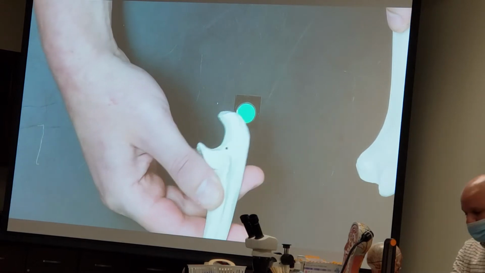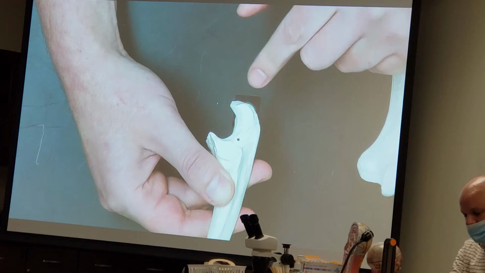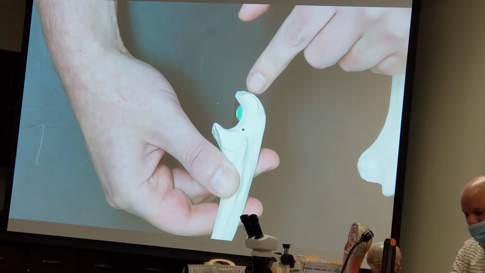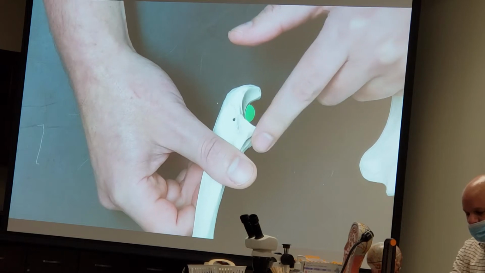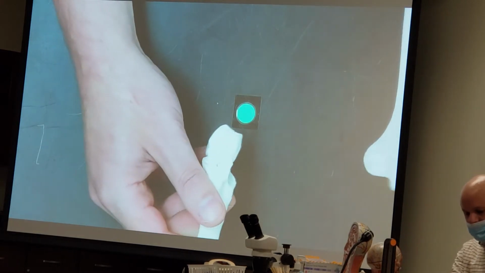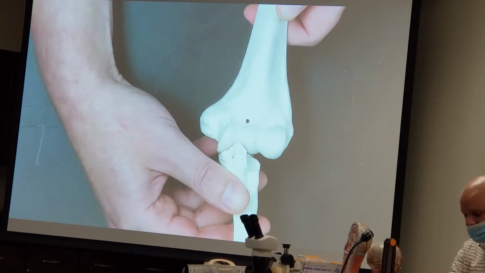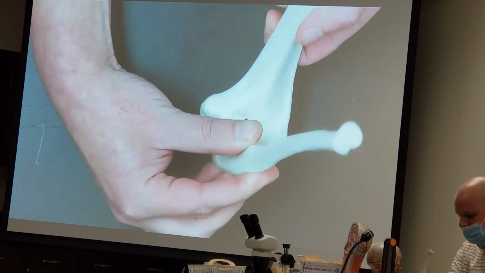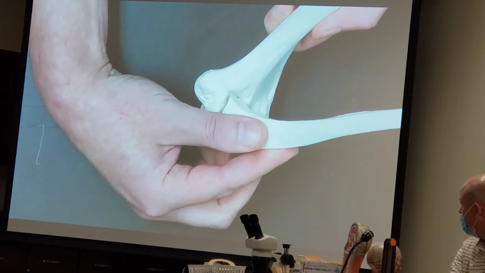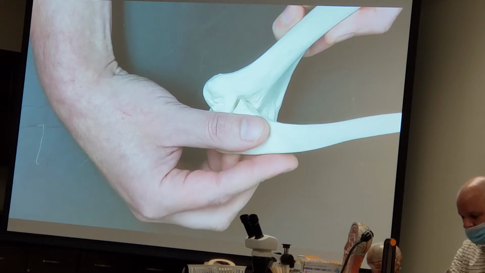You can see here the trochlear notch of the ulna, as well as the olecranon process and the coronoid process. When the ulna articulates with the trochlea, you'll see the coronoid process inserting into the coronoid fossa, like so.